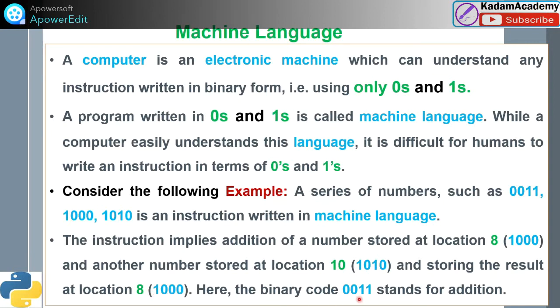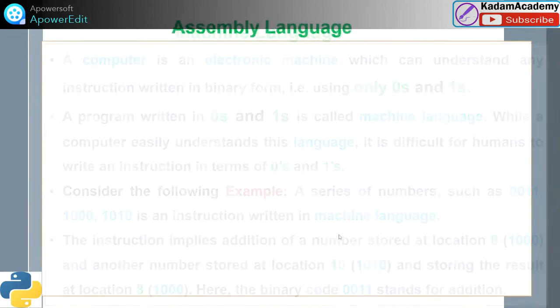Here the binary code 0011 stands for addition. So when we write 1000, 0011 and 1010, the meaning is 8 plus 10 is equal to 18. It will show the 18. Like this is the binary code in machine language.